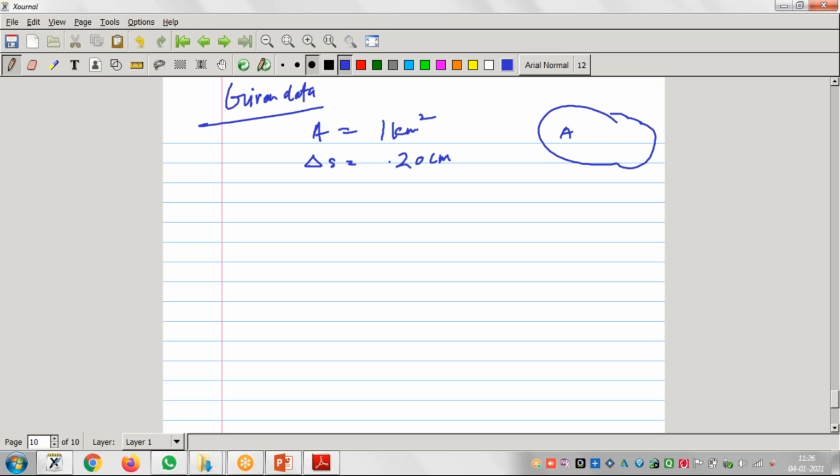I don't know whether it is plus or minus, because it will be minus when incoming is small and outgoing is more. But when incoming is more and outgoing is less, then we will use delta S as plus. Now, surface inflow, SIF, is 10 hectare meter, and surface outflow is given as 20 hectare meter.